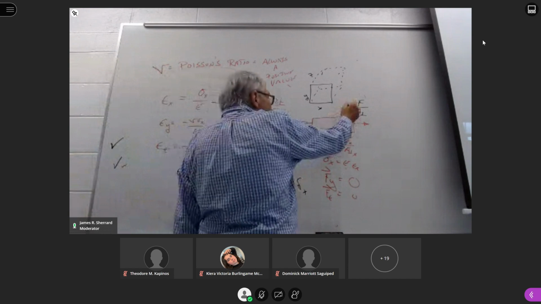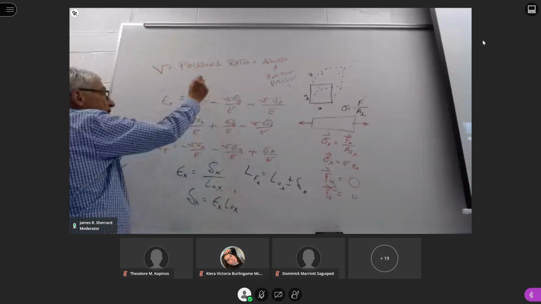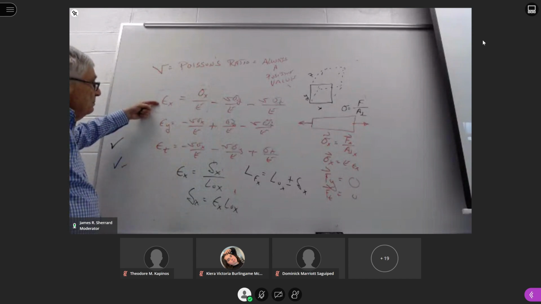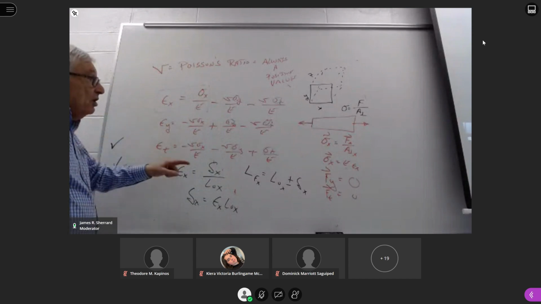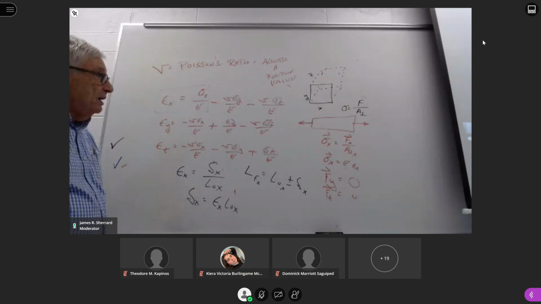If we find out what this value is, we can substitute it back into our equation, find out what the strain is in any particular direction, and then we can ultimately look at, if it's three-dimensional, what the final length might be.